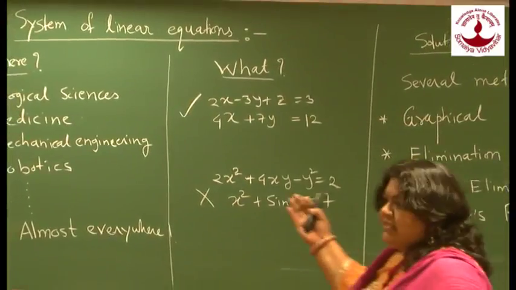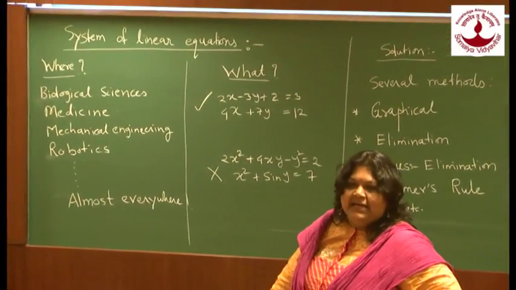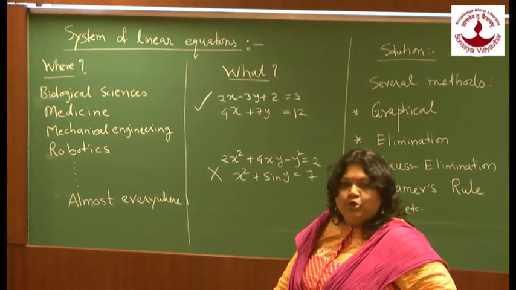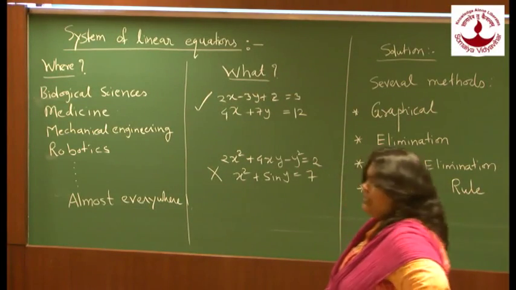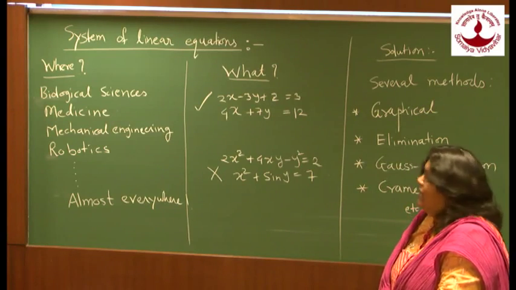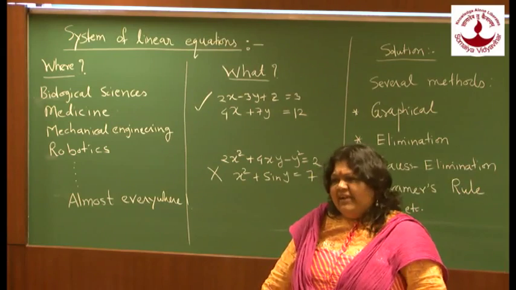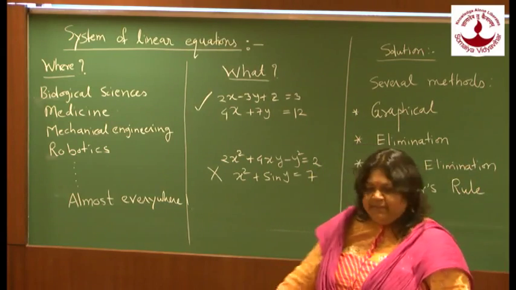So how we describe this system of equations is: there are three variables x, y, z, and there are two equations, first equation and second equation. Now you may feel here that z is missing in the second, but we can very well take it as a 0 coefficient.